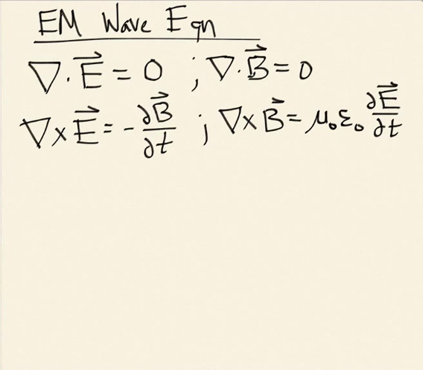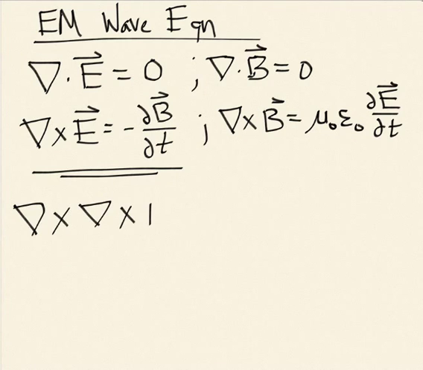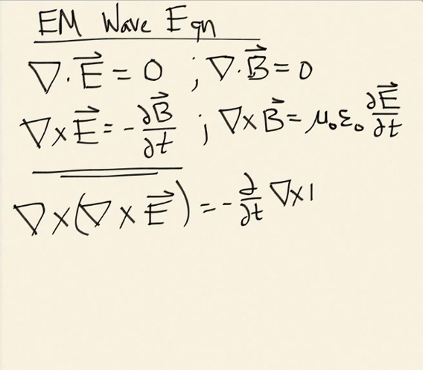So it turns out I can combine these into an equation for a single field by just taking the curl of one equation. So if I take this equation and take its curl, so I have curl E equals minus, and here's what I'll do. I'll take the curl inside the time derivative.